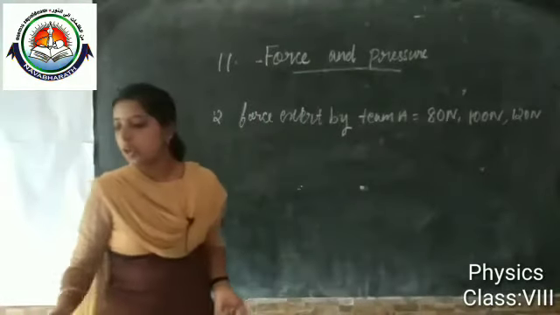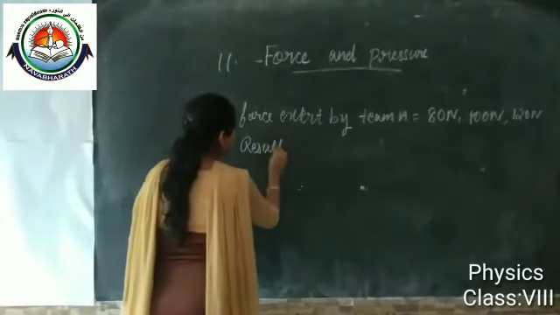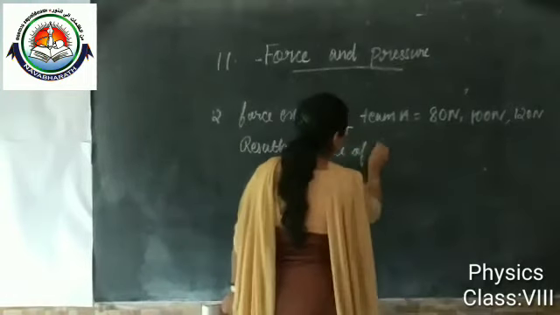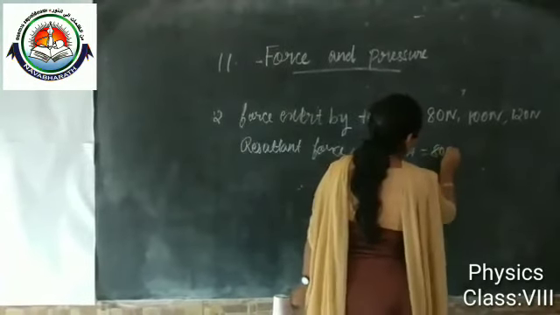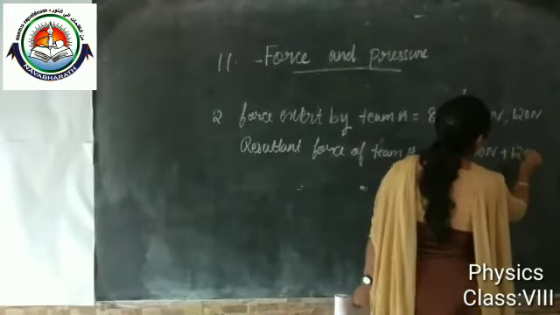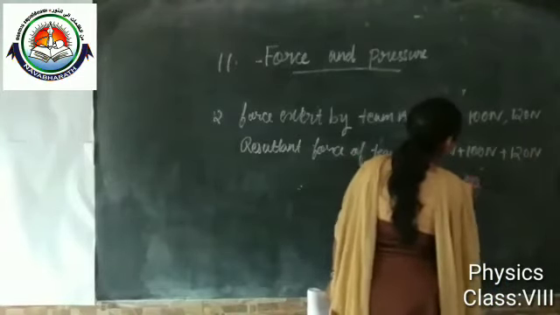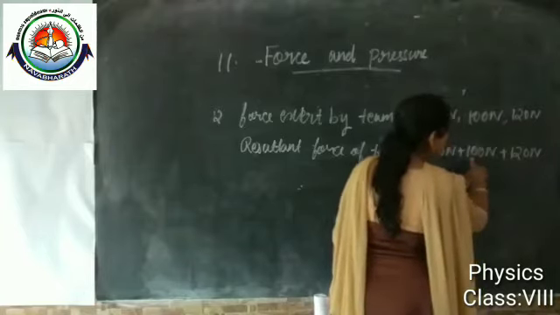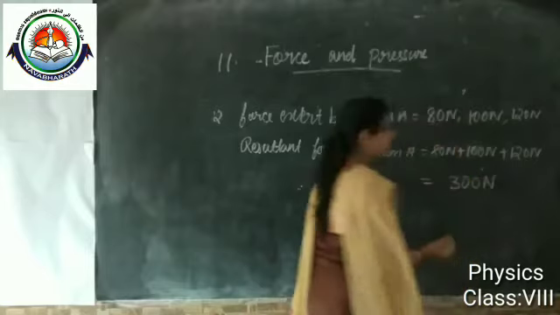The resultant force of team A. Resultant force of team A is equal to 80 Newton plus 100 Newton plus 120 Newton, which is equal to 300 Newton.